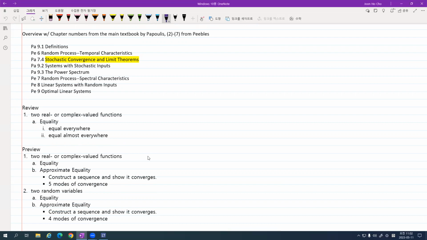Suppose you are given two functions, x and y, that have domain 1, domain 2, and range 1 and range 2. When you talk about the equality of two functions, the first thing is that the domains are the same. Otherwise, you can never say two functions are the same.